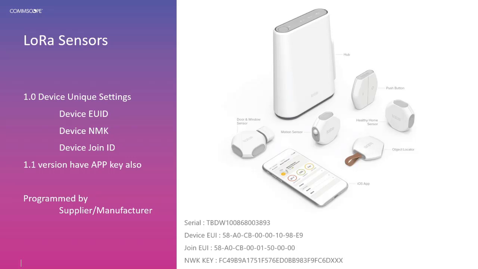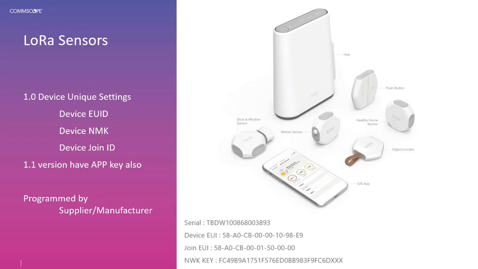Then the next thing we need to provide is what we call the network key. This network key is unique to the sensor, and it is a long ASCII text hexadecimal string that is unique to the device and binds that device specifically to the owner and to the LoRa network server.